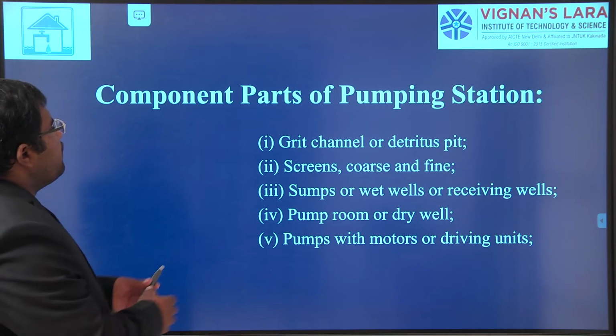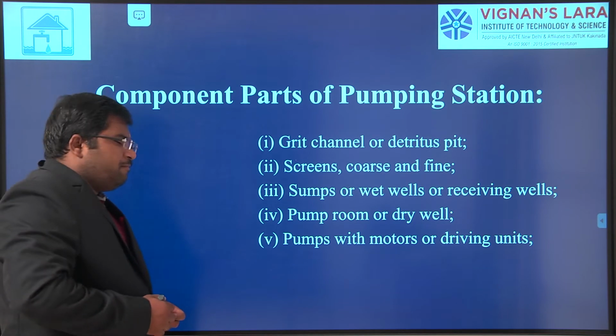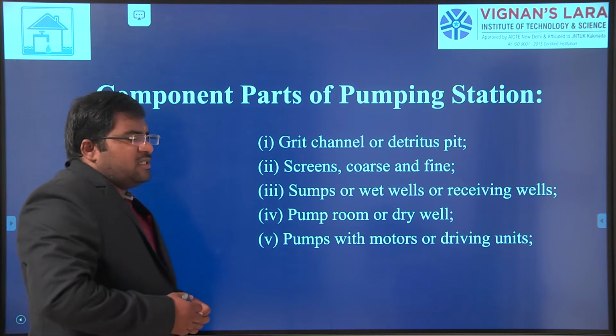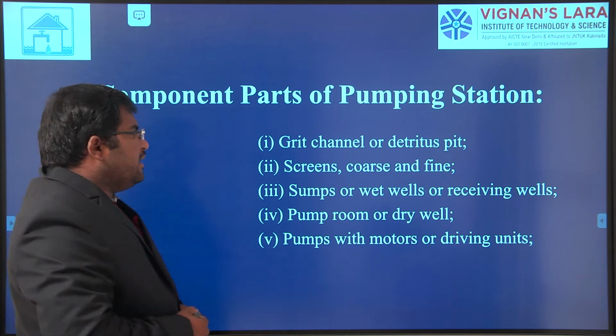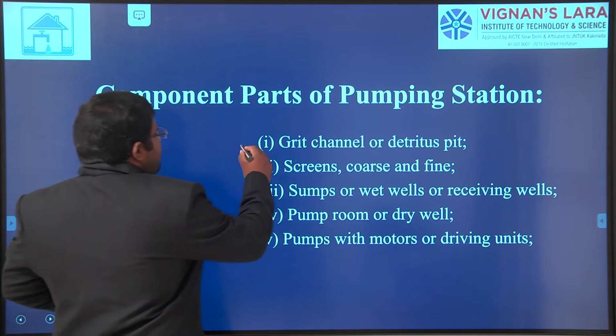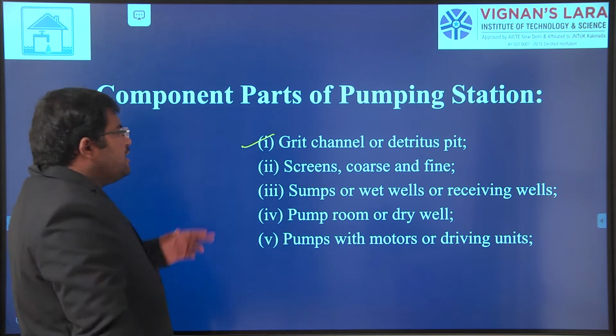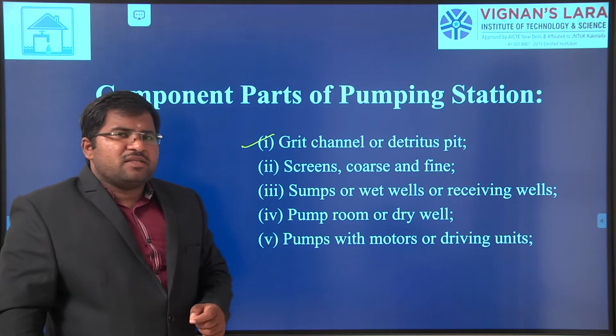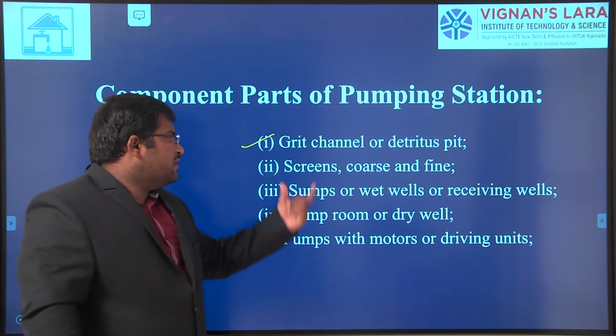Now, the component parts of a pumping station. We have some 7 to 8 parts for the pumping station, right? The first one is the grit chamber or grit channel or debris pit, since the sewage will contain grit.